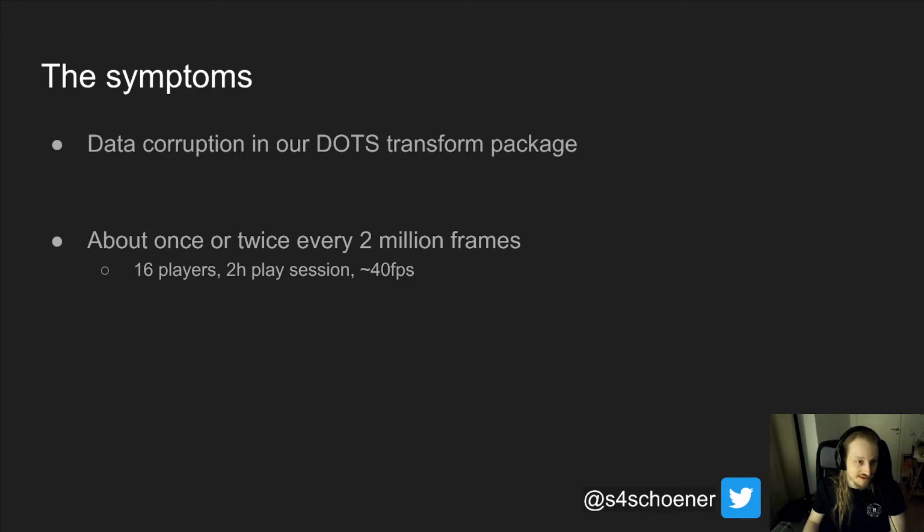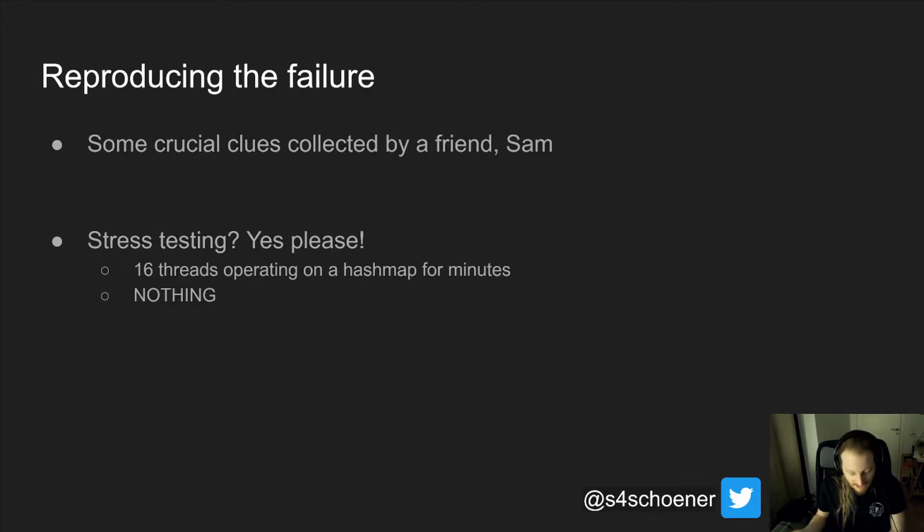So the first lead was one of our friends from that developer, Sam, who collected some crucial clues. When the hash map had that problem and the game crashed, we knew exactly what the state of the hash map was.